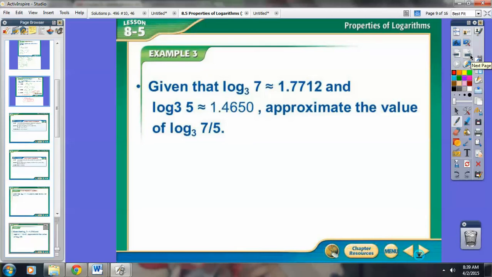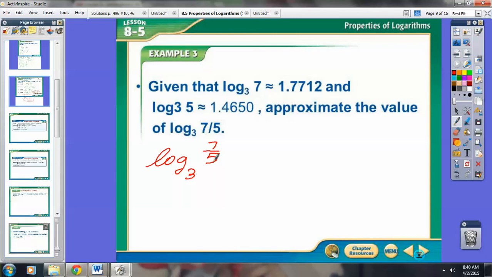Given that log base 3 of 7 is approximately 1.7712, and log base 3 of 5 is approximately 1.4650, approximate the value of log base 3 of 7/5. We know what log base 3 of 7 is, correct? And we know what log base 3 of 5 is?